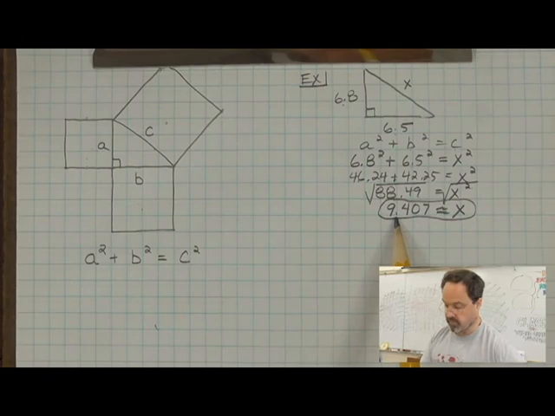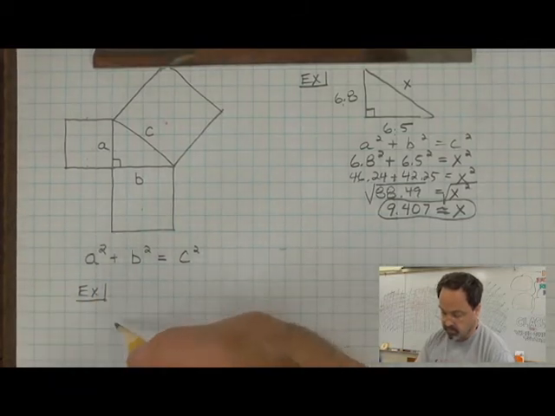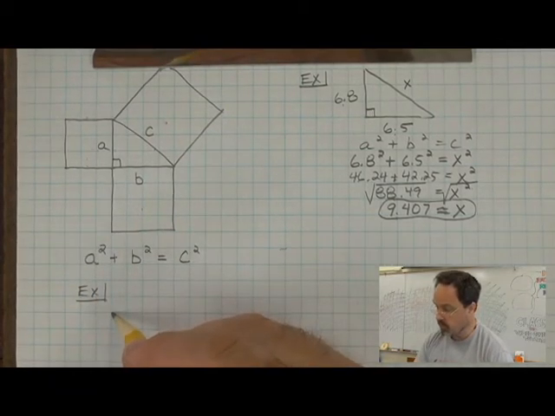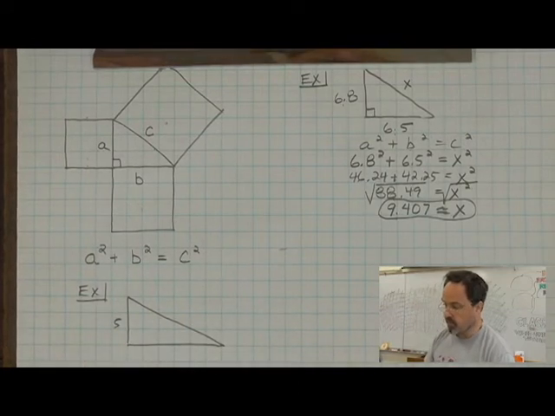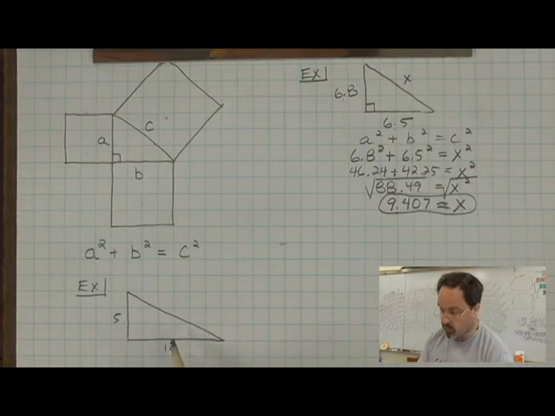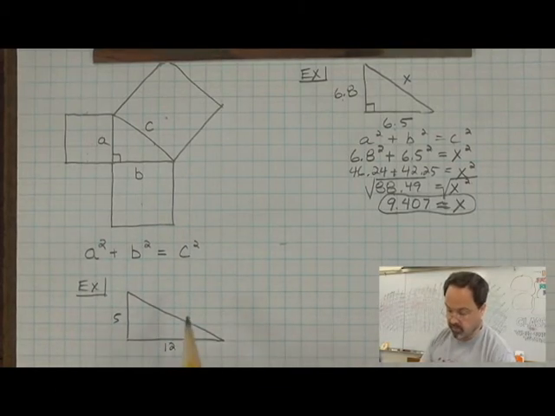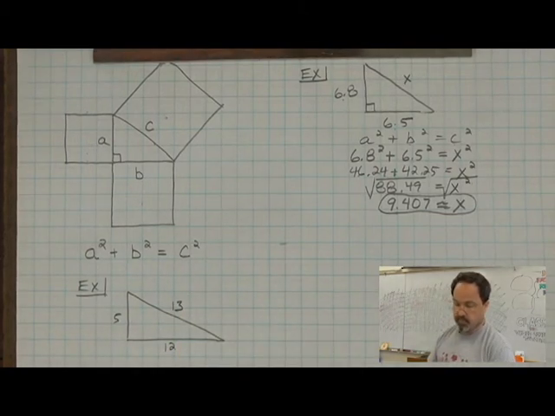Let's provide another example. In this example, I'm going to start with a triangle. And it's going to have a side length of 5, which is one of its legs. A side length of 12, the other leg, and another side of 13.